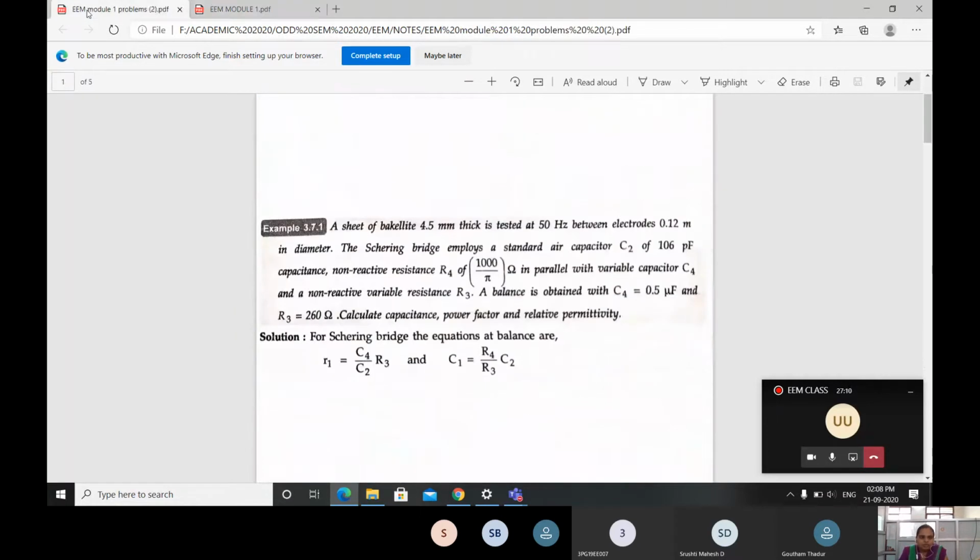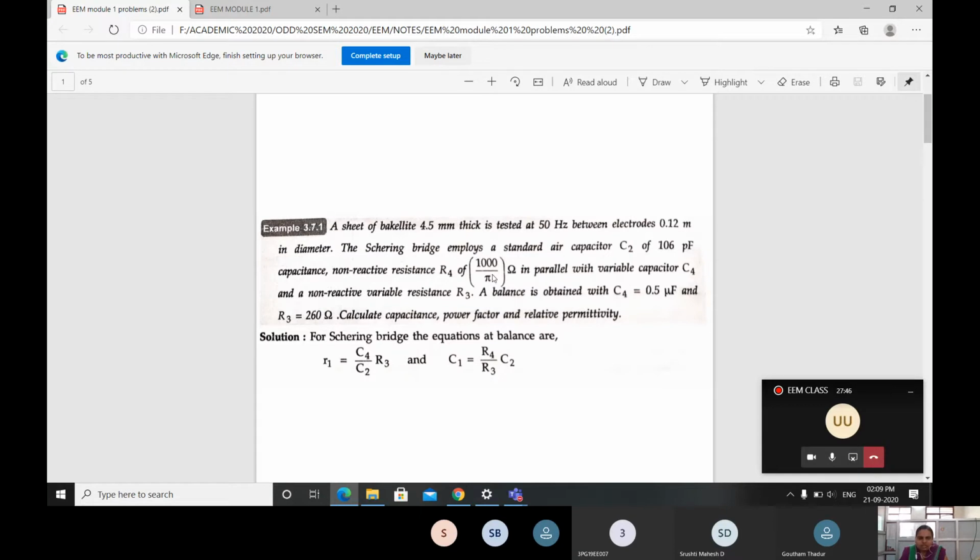Now we solve the problem. Here a problem is given for us. What is the problem? A sheet of bakelite 4.5 millimeter thickness is tested at 50 Hz between electrodes 0.12 meter in diameter. The Schering bridge employs a standard air capacitor, that is C2, of 106 picofarad capacitance, non-reactive resistance R4 of 1000 divided by pi ohms.